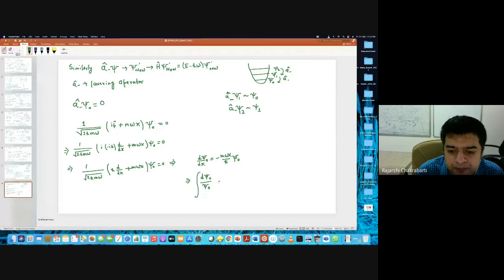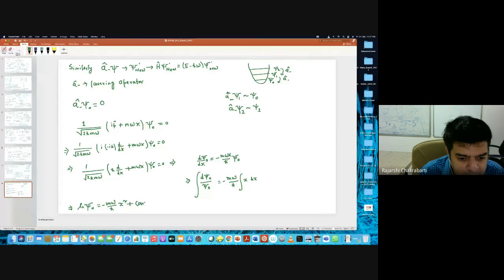So I can integrate this, and I can simplify it further. It will be something like psi 0 equals a constant A times e to the power minus m omega x squared by 2 h cross.